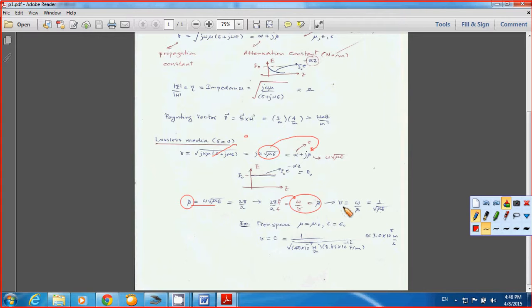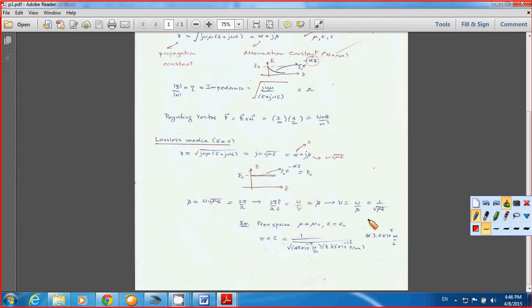And in this case, since you're talking about the lossless media, sigma equals 0, so you have beta equal to omega square root mu epsilon. And if you find the ratio between omega and beta, it gives you 1 over square root mu epsilon. In case of free space, you know that mu equals mu 0, epsilon equals epsilon 0.